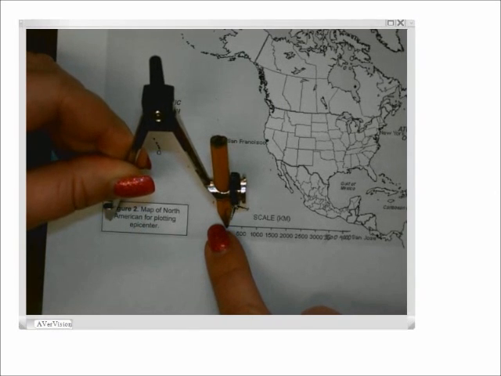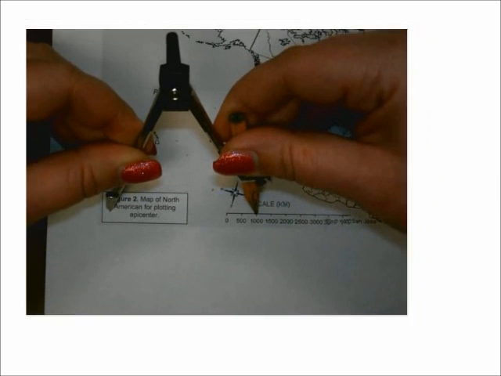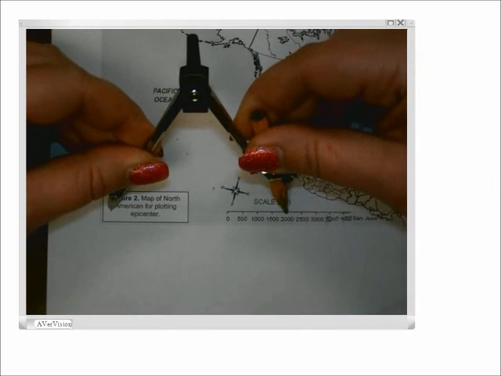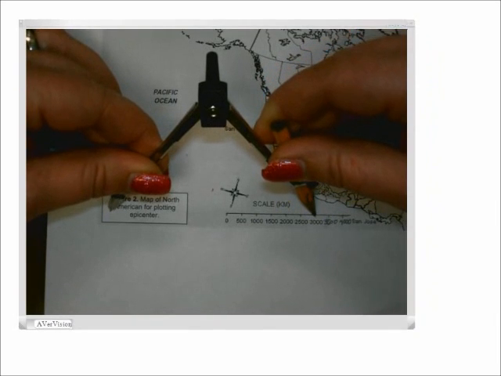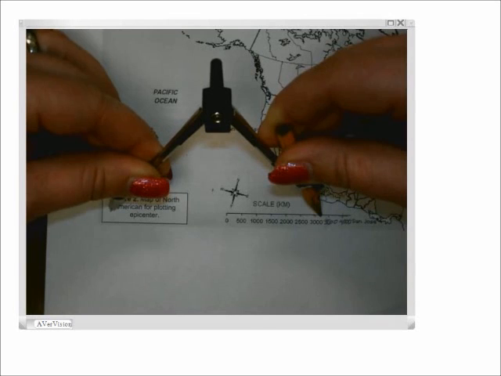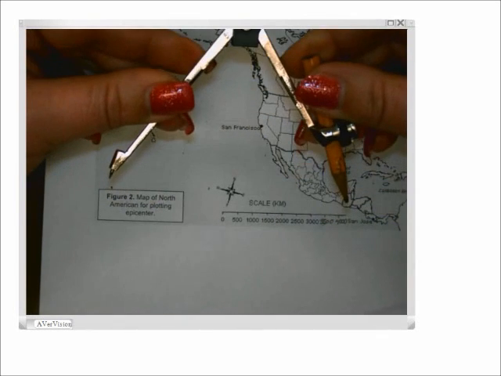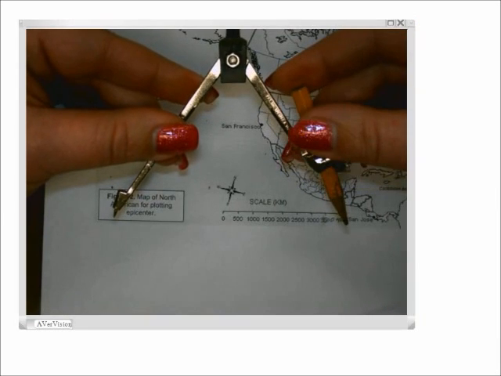I need 7,200. So if I go up, this would be 5,000 kilometers, 6,000 kilometers, 7,000 kilometers, and I need 7,200. So I'm going to go to about there. Now I need to keep this distance on my compass very carefully and not budge it at all.